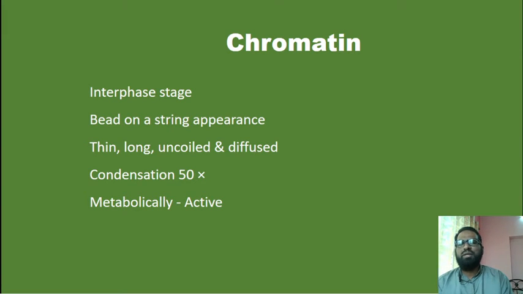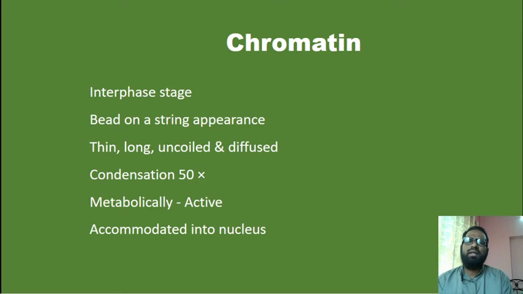Because of the possibility of replication of the DNA as well as transcription, we call chromatins metabolically active. The chromatin is accommodated in the nucleus, and as already said, in order to fit the DNA into the nucleus, a condensation takes place, and that condensation is responsible for accommodating the chromatin into the nucleus.